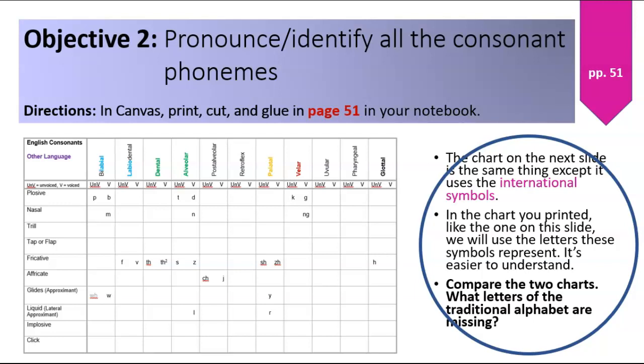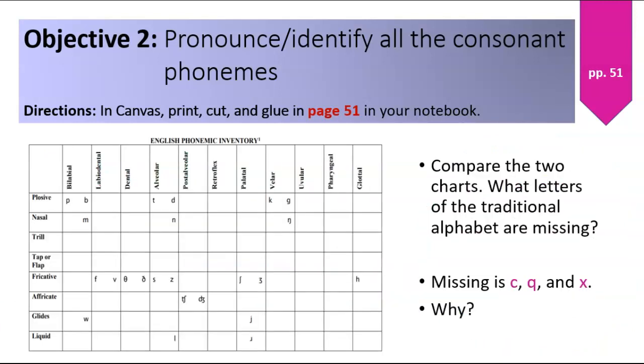Next, if you look on the chart here, it says I've changed these to not be international symbols. Put this in your notebook and compare this chart with the one that has international symbols on the next slide.